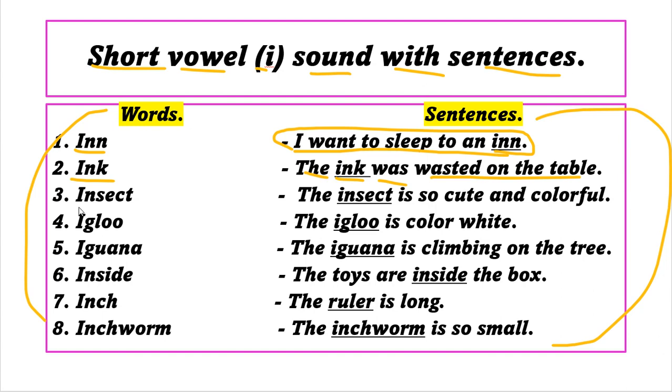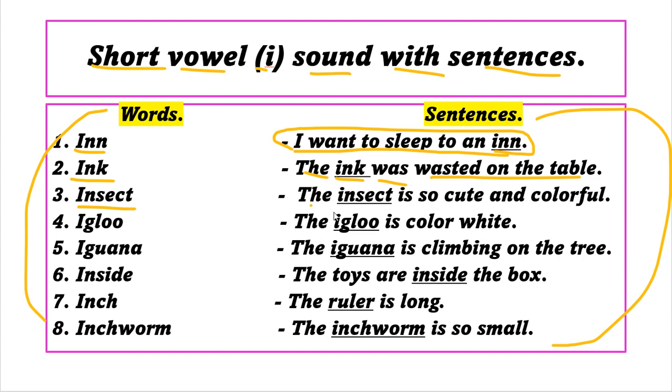Okay, so next, insect. An insect is a type of small animal, something like a fly or a mosquito. Sometimes you can find them on plants. A butterfly can be an insect, so don't forget that.